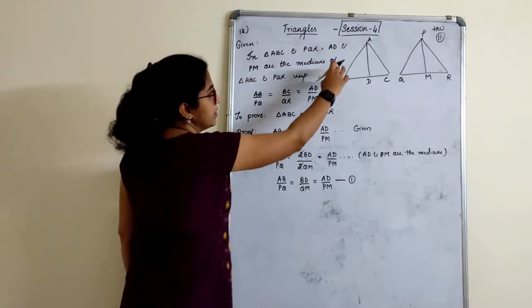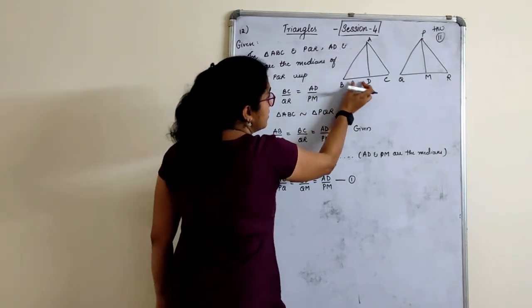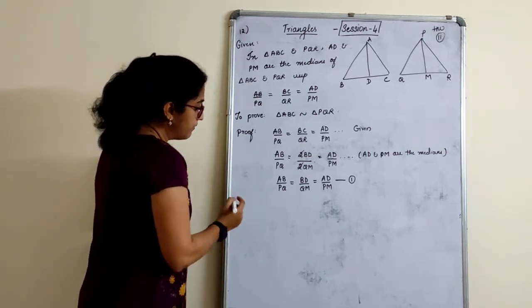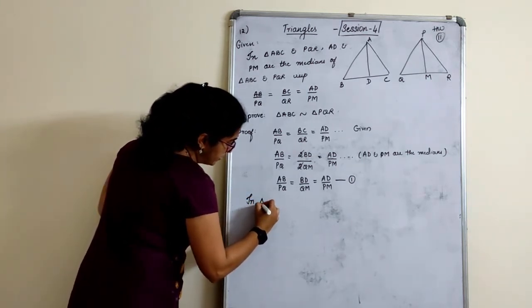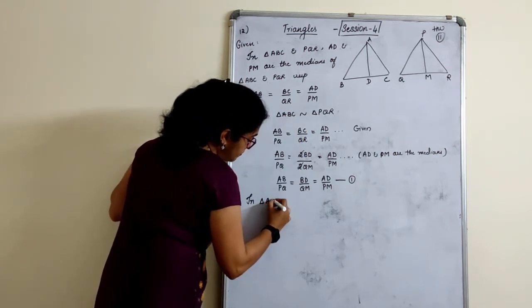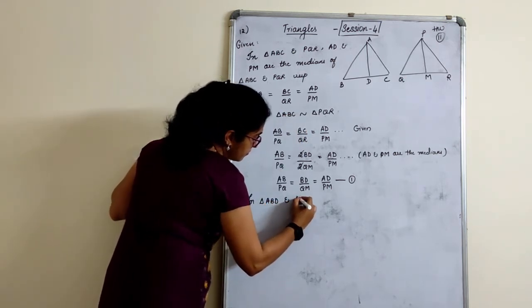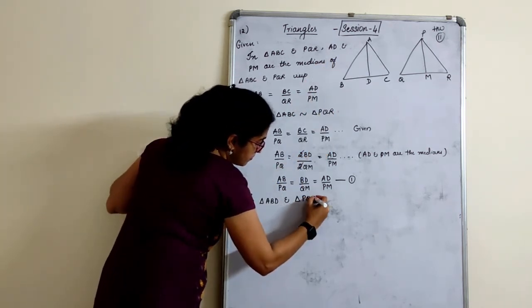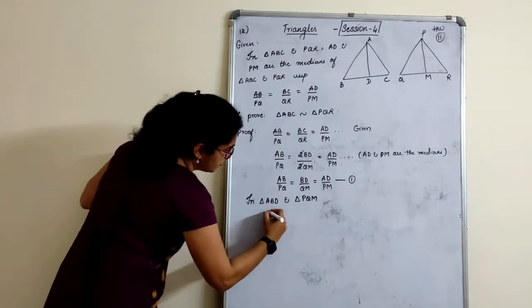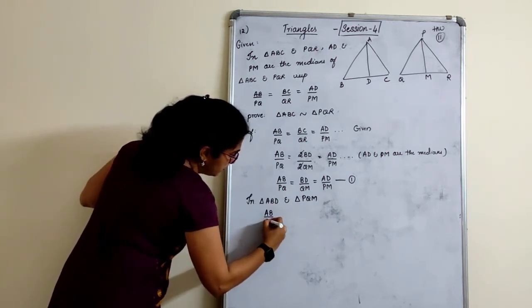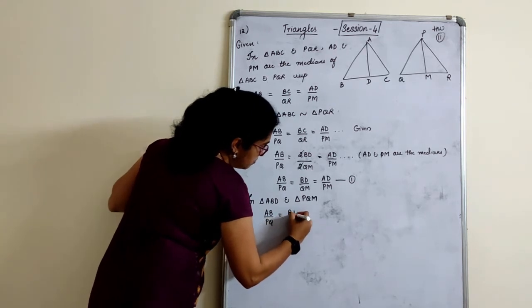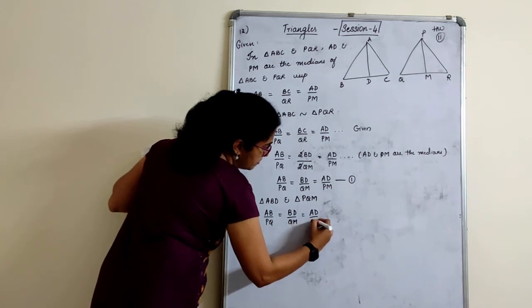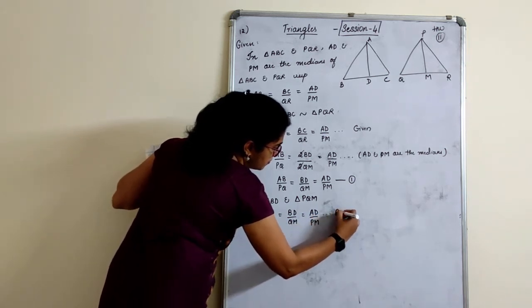Okay. So this upon this upon this, I proved it as proportional parts. Now what I will do here is choose those two triangles again. In triangle ABD and triangle PQM, I will directly write this: AB upon PQ is equal to BD upon QM is equal to AD upon PM. How? Proved above.